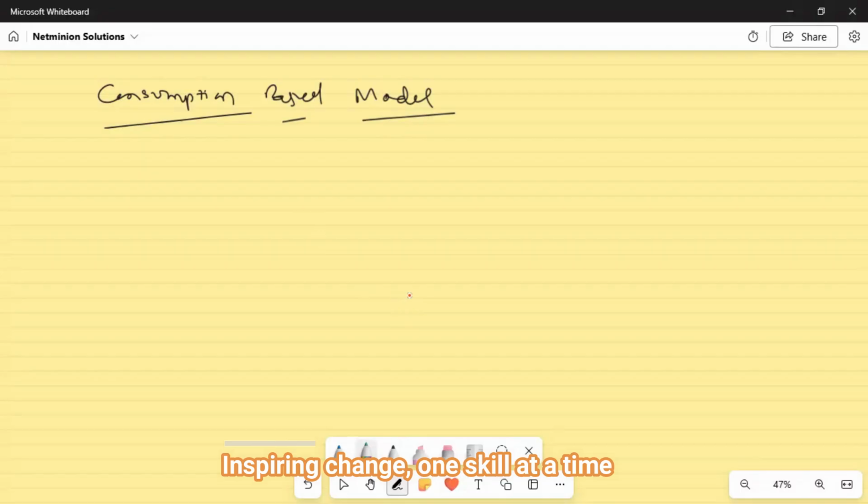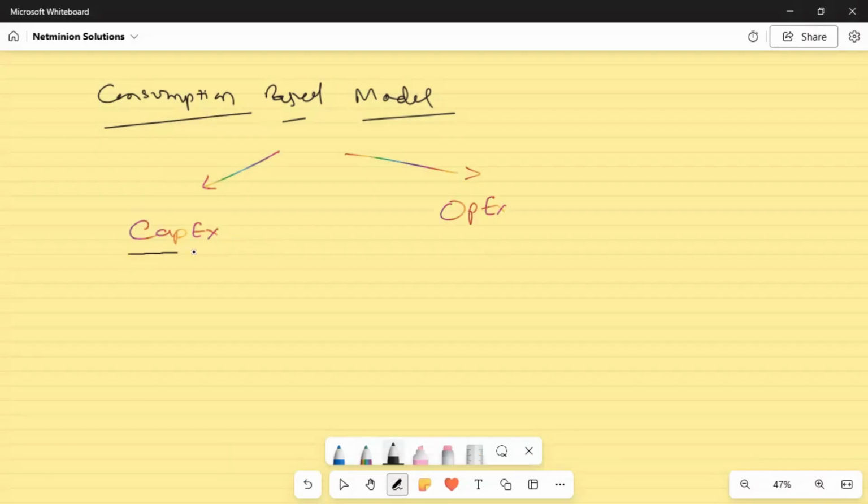Now, when we are talking about pricing, there are two things which always come into the picture. One is named CapEx, and one is named OPEX. These terms are not limited to the cloud; in day-to-day terms also, you are aware that there is capital expenditure and operational expenditure. In any organization, it happens, right?